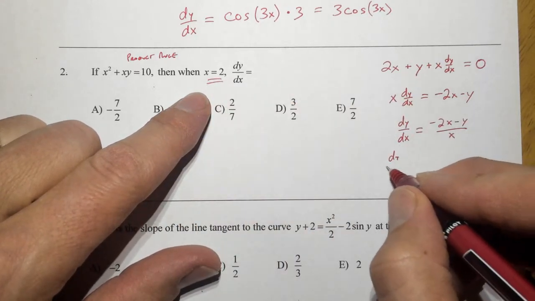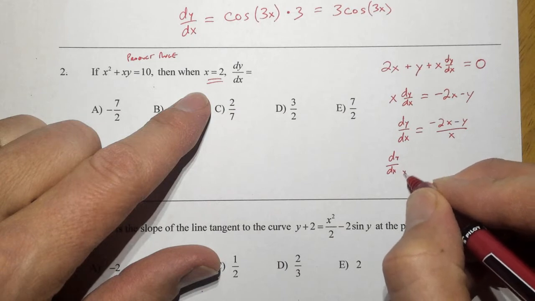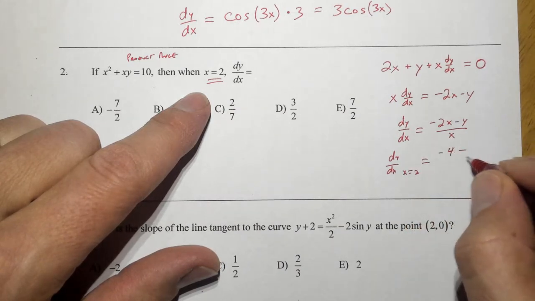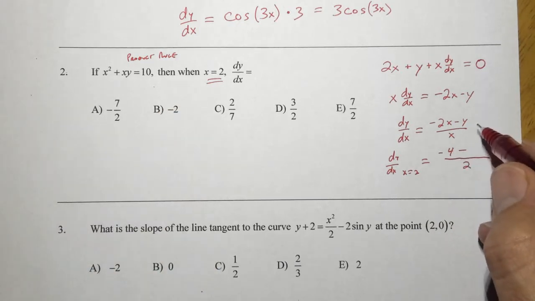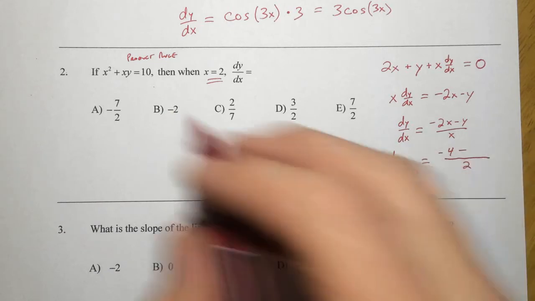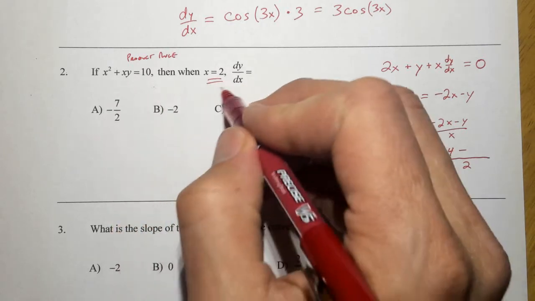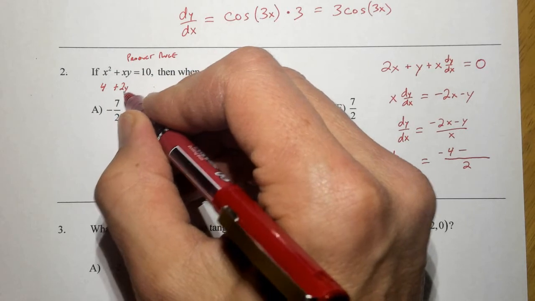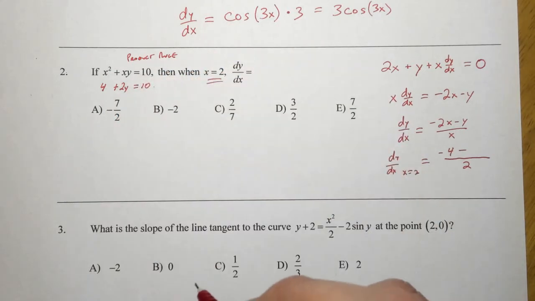So dy dx, and we have x equal to 2. So that means we have negative 4 minus something all over 2. Now the question is, what do we plug in for y? They don't give it to you, and they're expecting you to find it. Now what we know, remember, is that this is our original curve. And if x is 2, then we have 4 plus 2y is equal to 10.